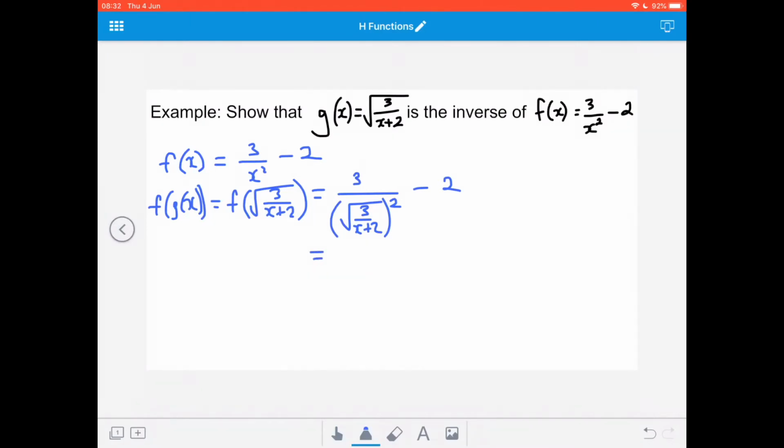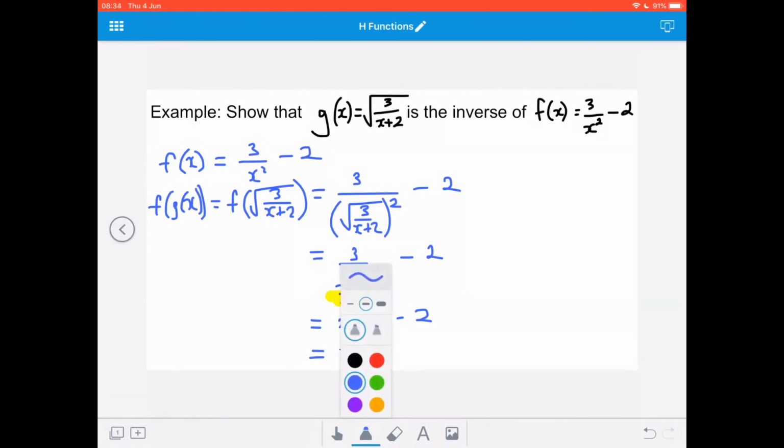So if we get rid of that square, we're going to end up with 3 over 3 over x plus 2, and we're still taking away 2. Now, if we have a triple-decker fraction, this bottom level becomes a multiplier. And 3 divided by 3 is 1. So we're going to end up with x plus 2, take away 2, which gives us x.